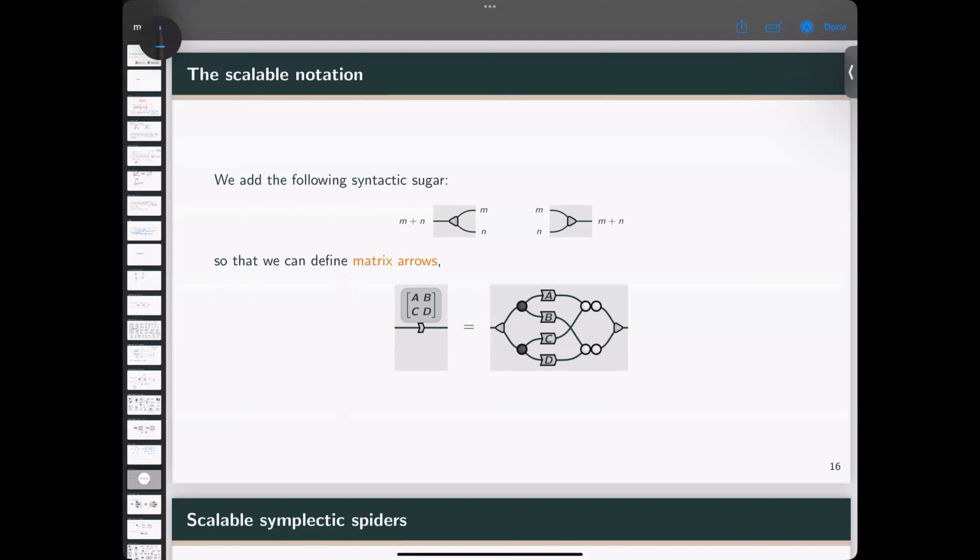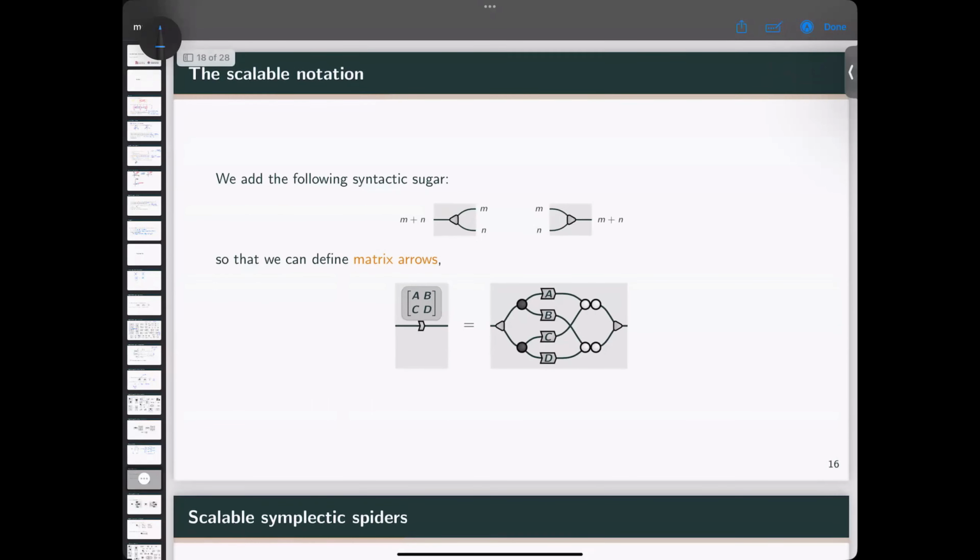There's some articles by Titouan on what he calls the scalable notation. There's some quite old articles by Robin Cockett, and maybe a more recent one by Fabio Zanasi and his co-authors on how to draw diagrams for the strictification of a symmetric monoidal category. I'm just going to treat it purely as syntactic sugar.